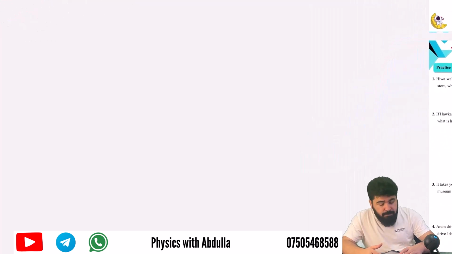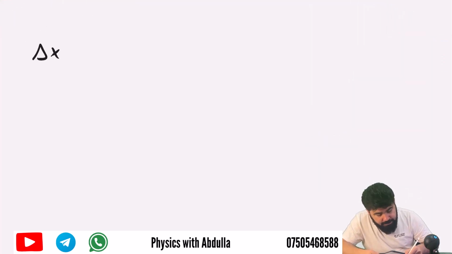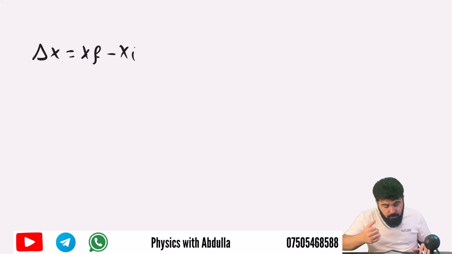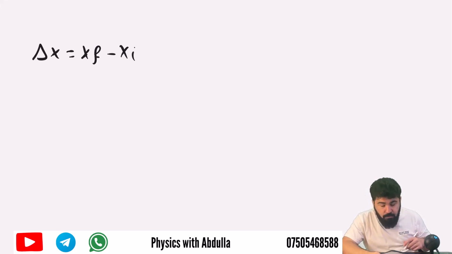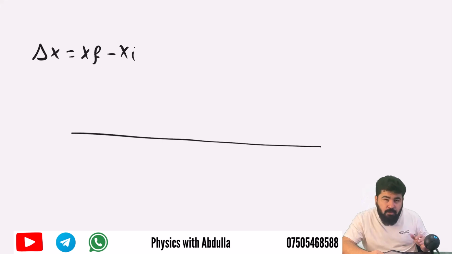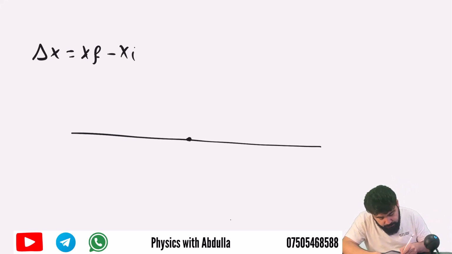To calculate displacement, delta x is equal to x final minus x initial. Okay? So most of the time we have cases like this where we have a straight line and we have an object moving on that straight line. Okay, let's say it's the x-axis.